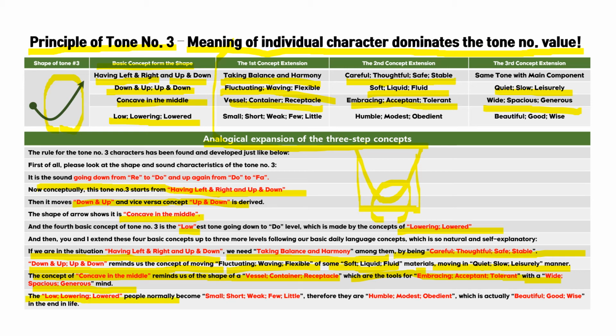And lowered people normally become small, short, weak, few, little. Just think about the child. They are small, short, weak. In numbers, few, little, even in amount. Therefore, they might be humble, modest, and obedient.